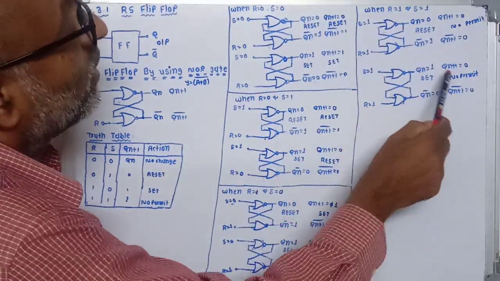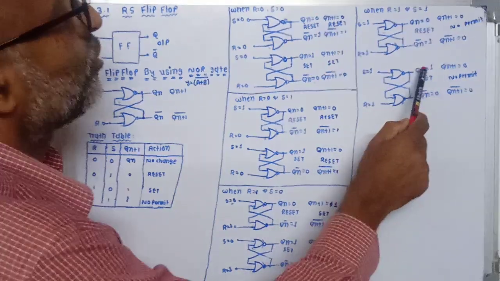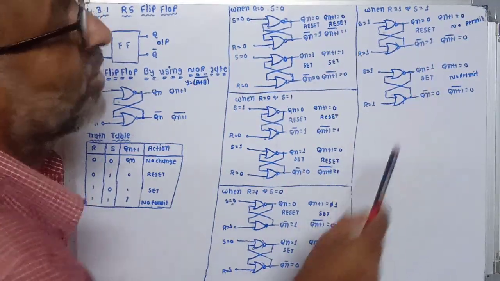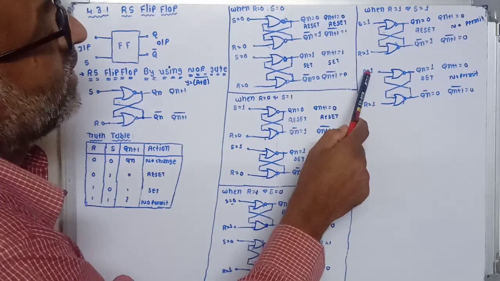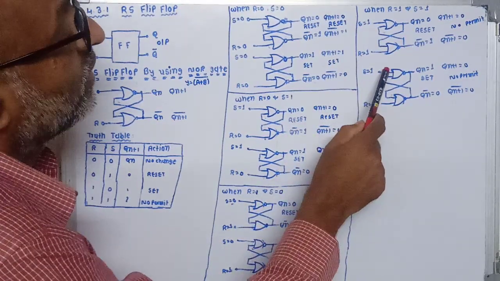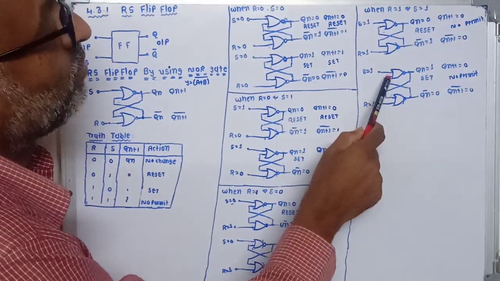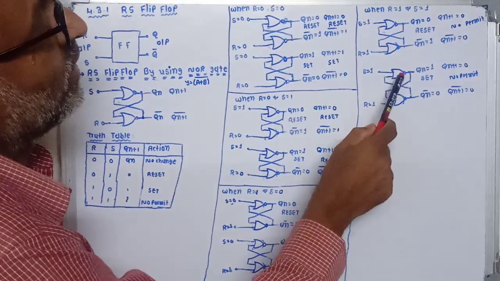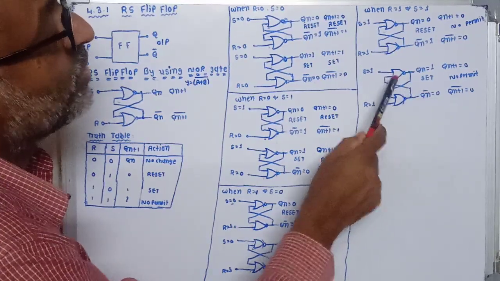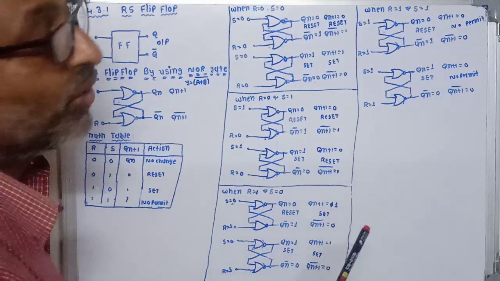Now if our flip-flop is initially in set condition, that means Qn is equal to 1 and Qn bar is equal to 0. Now when S is connected to 1 and R is connected to 1, here 1 and 0 inputs are available. So 1 plus 0 is 1 and it is inverted, that means Qn+1 is equal to 0.